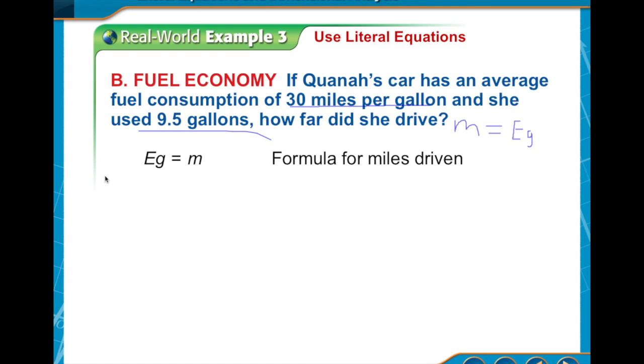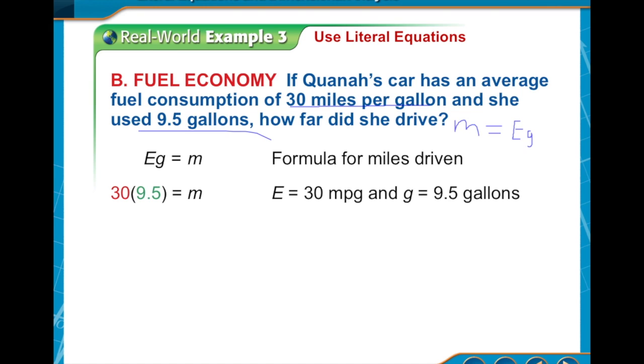Well, we have our formula for miles driven, and we know miles driven is equal to E times G. So E, her efficiency, 30 miles per gallon. So E replaced with 30. And her G, the number of gallons she used, is given to be 9.5. So we plug both of those in there and we multiply them. So M, in one step, check this in a calculator or by hand, equals 285.